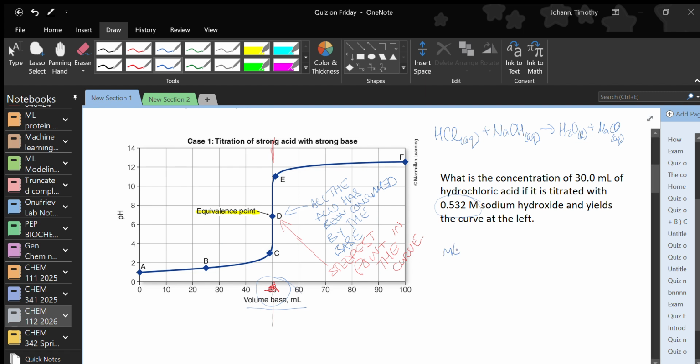So in other words, milliliters of base goes to moles of base, and actually, if we want to put all our steps in here, it's going to be milliliters of base, goes to liters of base, goes to moles of base, goes to moles of acid, goes to molarity of acid. And we're going to have to do some conversions here on both sides in terms of going milliliters to liters. So let's go ahead and do that.